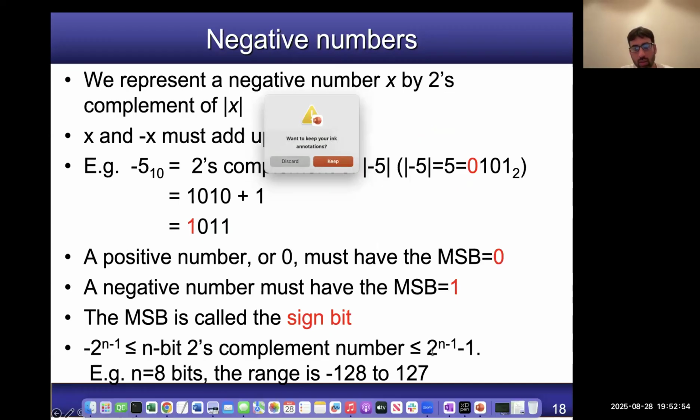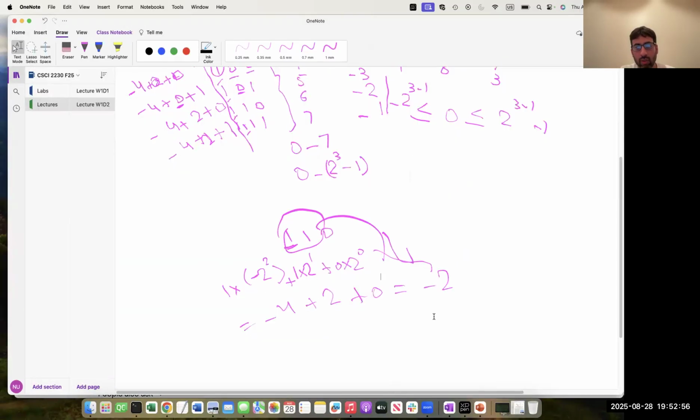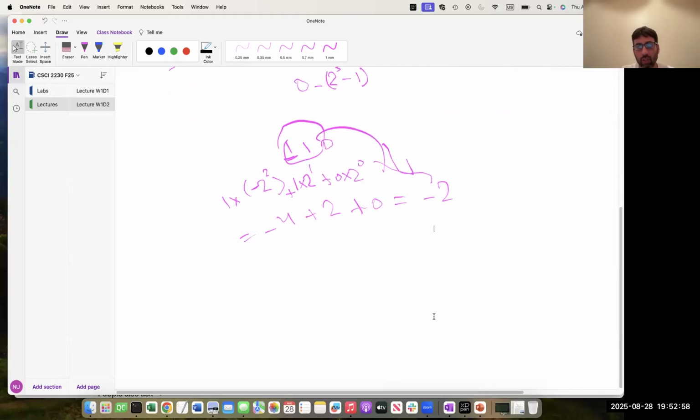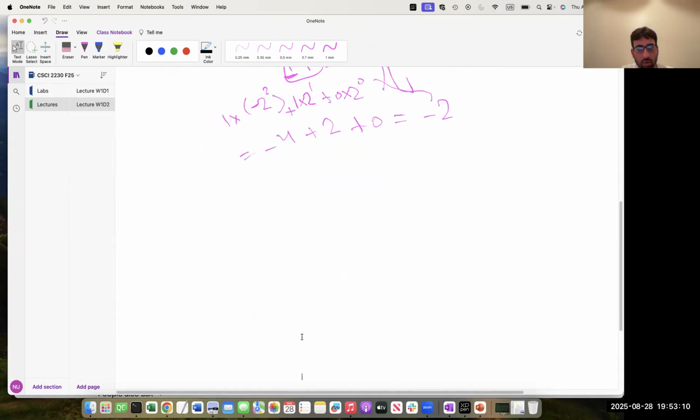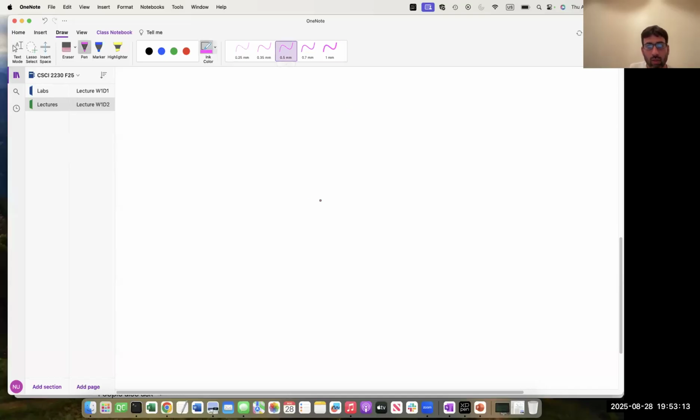So let's take the same example. Let's say I have this number 1001, which is a binary number, and I want to add 1 to it.